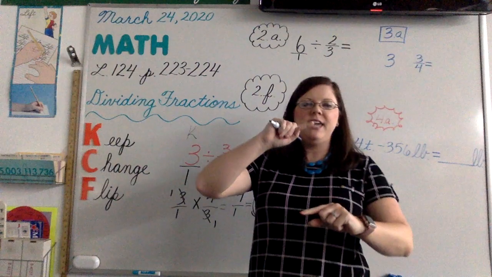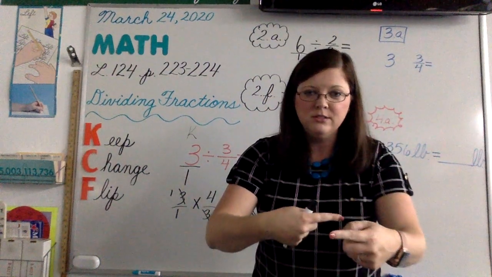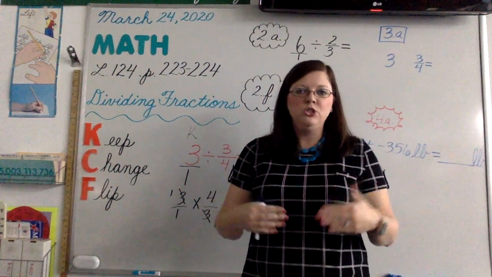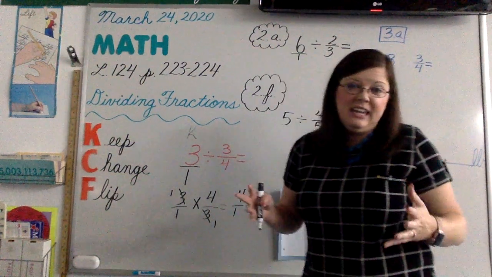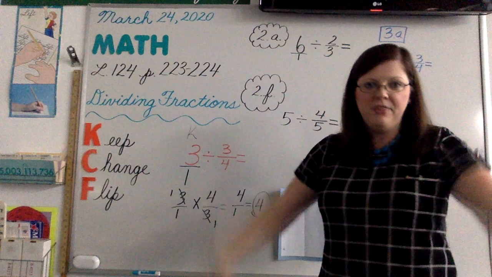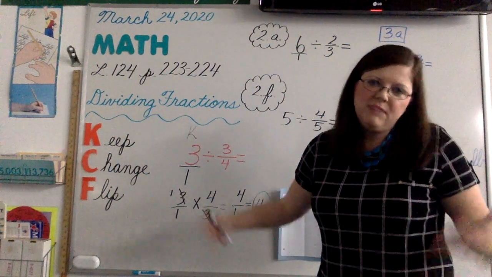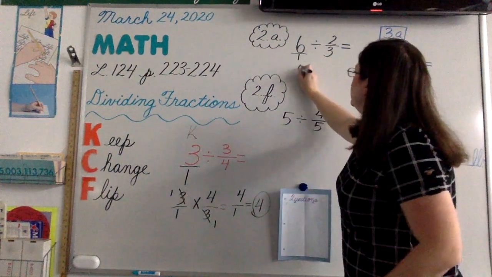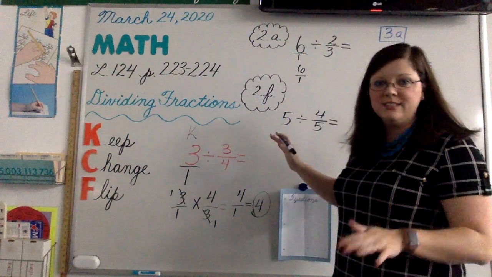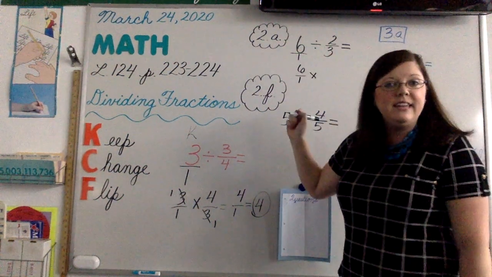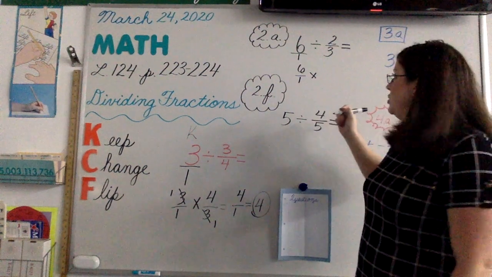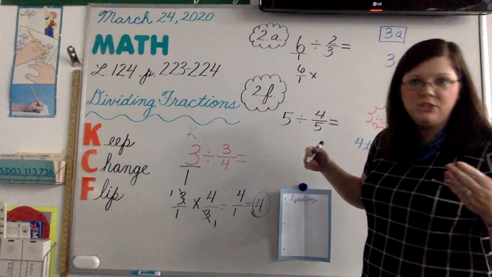Whenever you're taking a fraction and you're flipping it over, that word is called to invert, I-N-V-E-R-T. So technically, this is called the inversion method, but I think of it as KCF, okay?